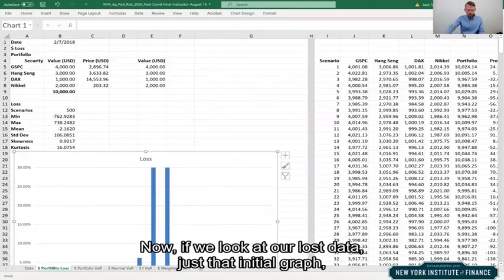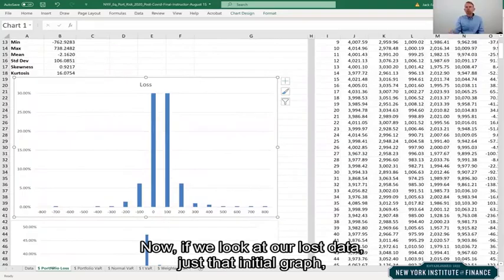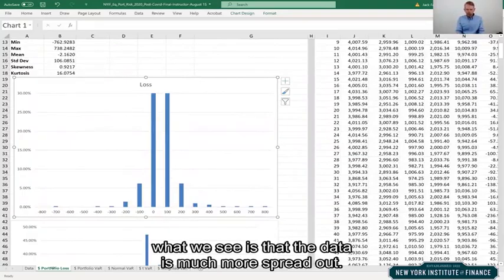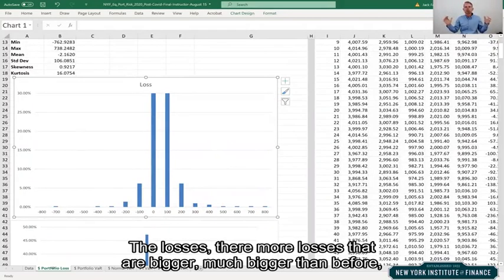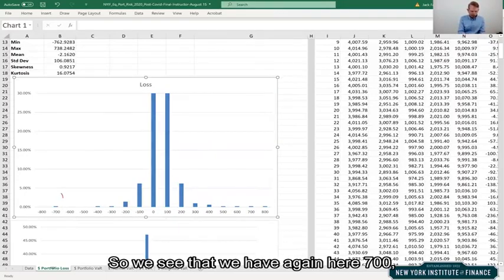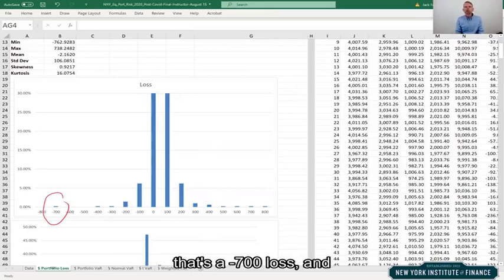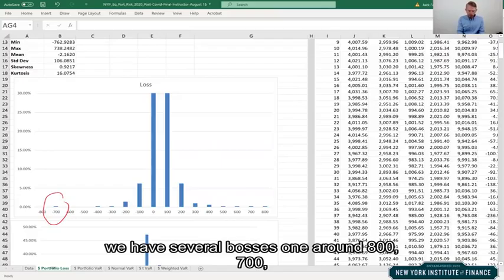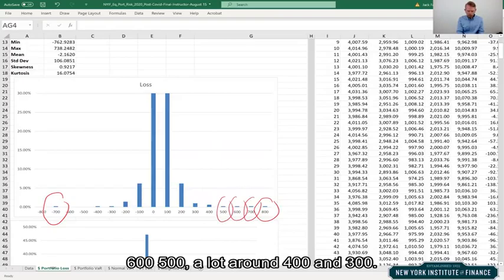Okay, now, if we look at our loss data, just that initial graph, what we see is that the data is much more spread out. There are more losses that are much bigger than before, and also gains that are much bigger than before. So we see that we have a gain here of 700, that's a minus 700 loss. And we have several losses, one around 800, 700, 600, 500, a lot around 400 and 300.